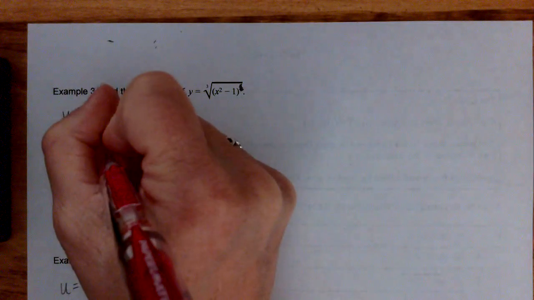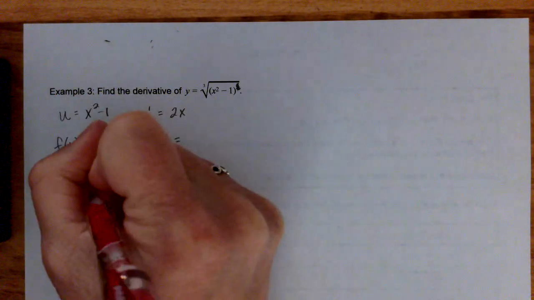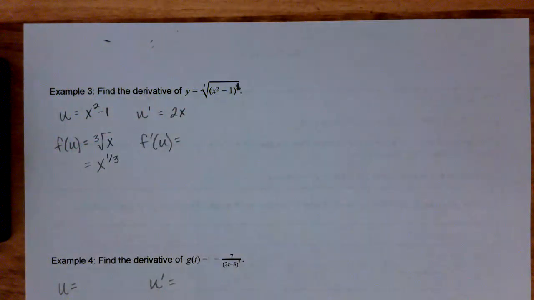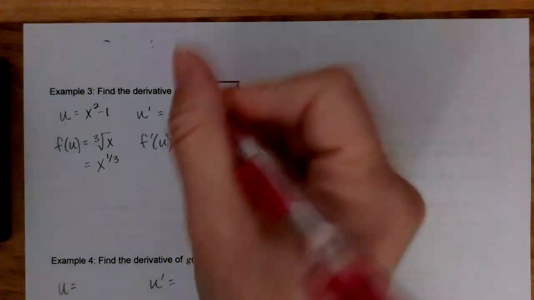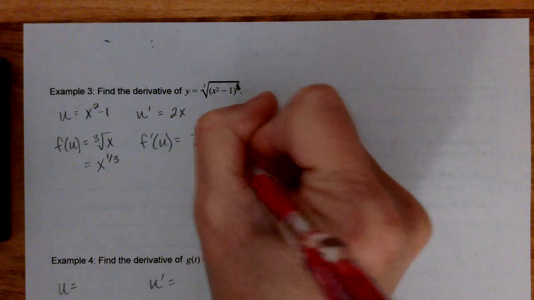So then our f of u is the cube root of x. I think it's useful to always rewrite these with an exponent, so x to the 1/3. So then our f prime of u is 1/3 x to the negative 2/3.